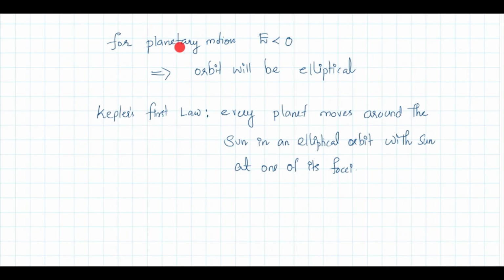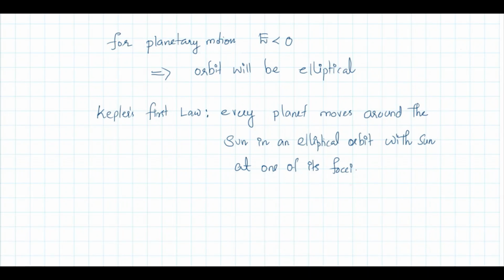Now for planetary motion, the total energy is less than 0 because it is a bounded system. The planets are bound by the attraction of the sun, so the total energy of planets is less than 0. So the orbit will be elliptical. That is Kepler's first law: every planet moves around the sun in an elliptical orbit with the sun at one of its foci.